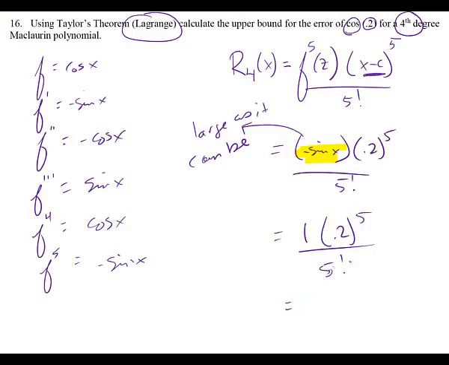All right, so you're going to go ahead and put that in your calculator and tell me what you get. All right, anybody get it?